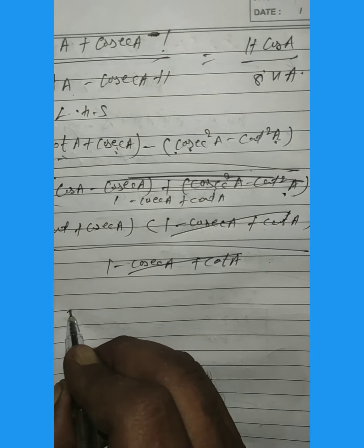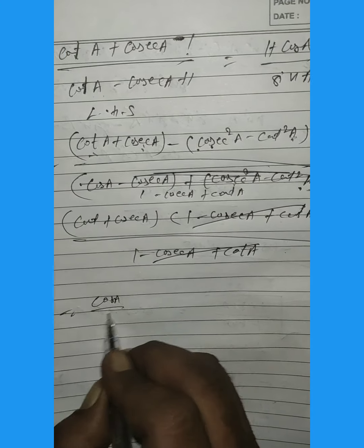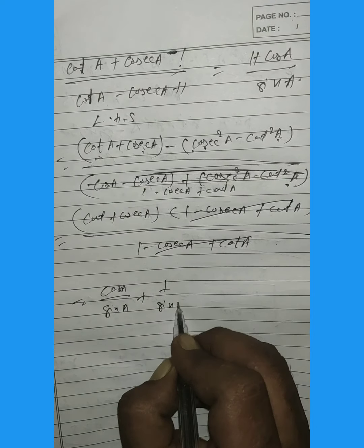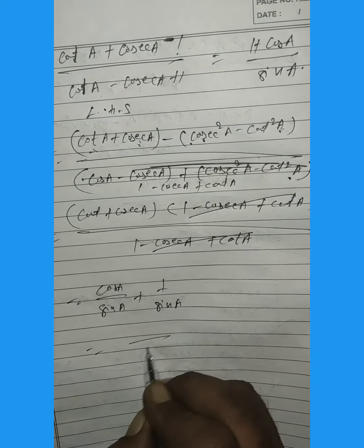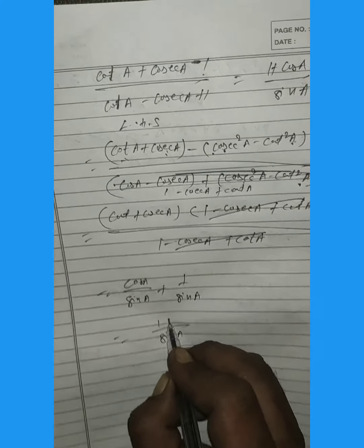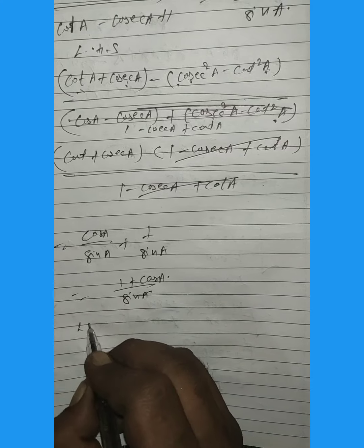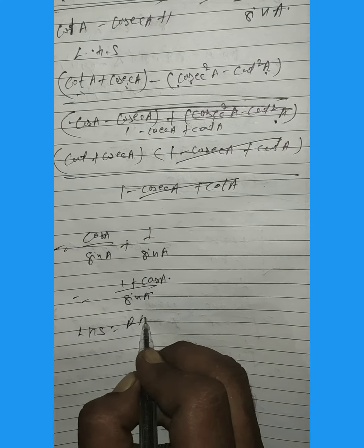It becomes cos A over sin A and cosecant is 1 over sin A. It becomes (1 + cos A) over sin A, and left hand side is equal to right hand side.